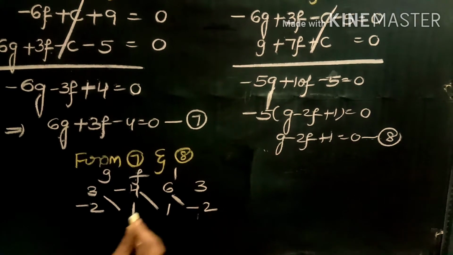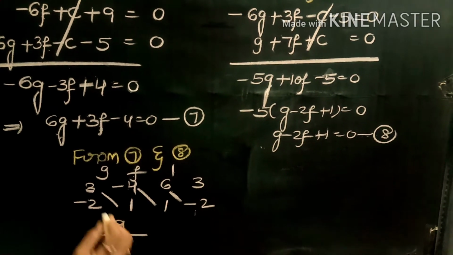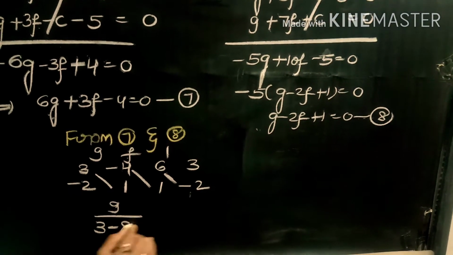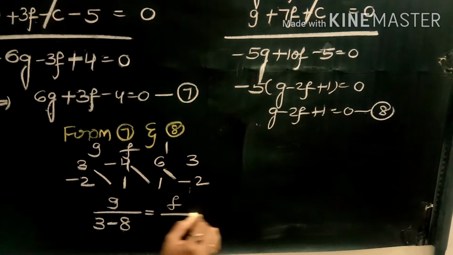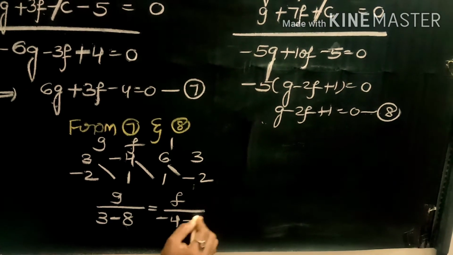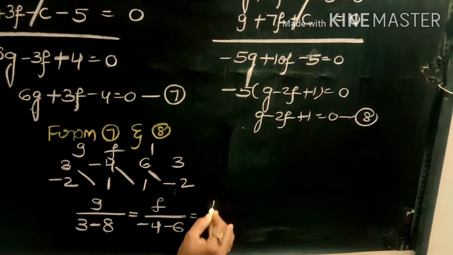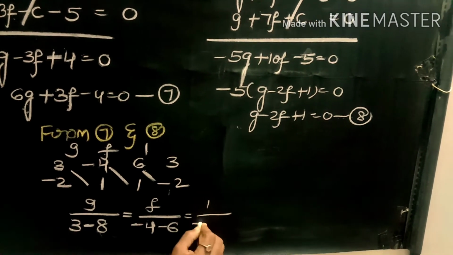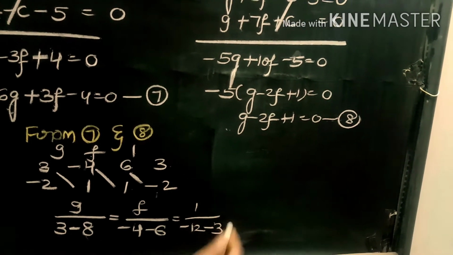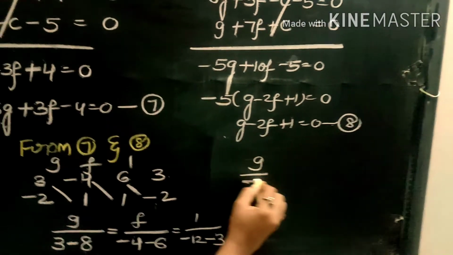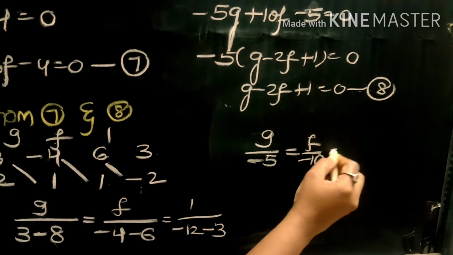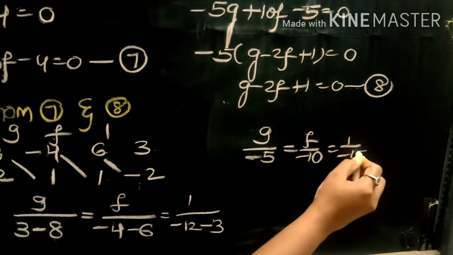Which implies, now this is g by 3 into 1, 3 minus 2 into minus 4 plus 8 is equals to f by minus 4 into 1 minus 4 minus 6 into 1, 6 is equals to 1 by 6 into minus 2 minus 12 minus 3 into 1, 3. Now this, which implies g by minus 5 is equals to f by minus 10 is equals to 1 by minus 15.